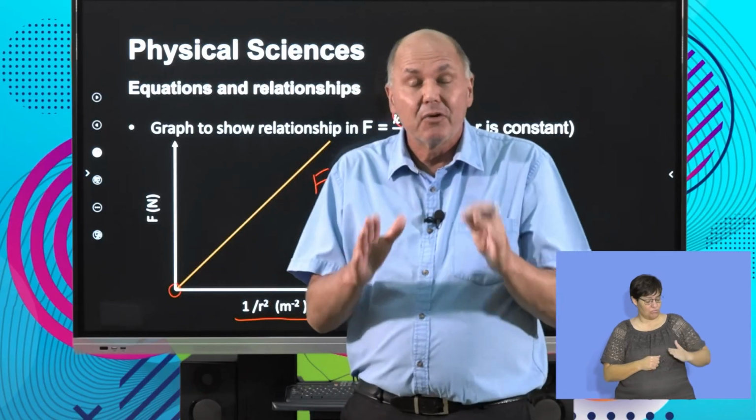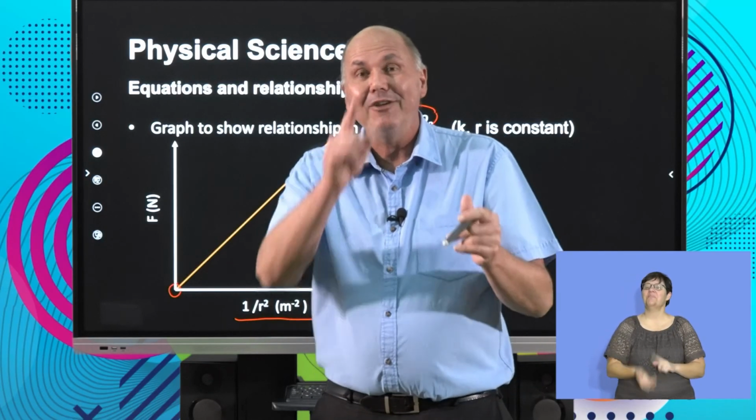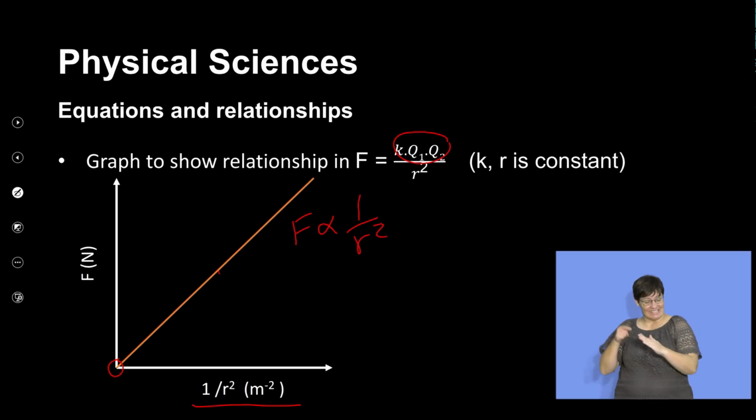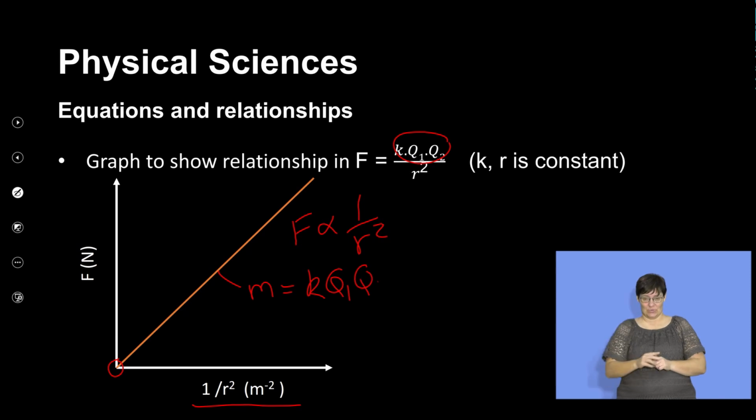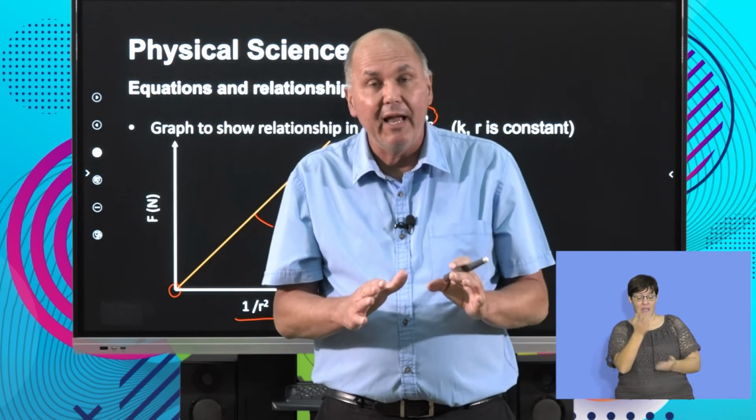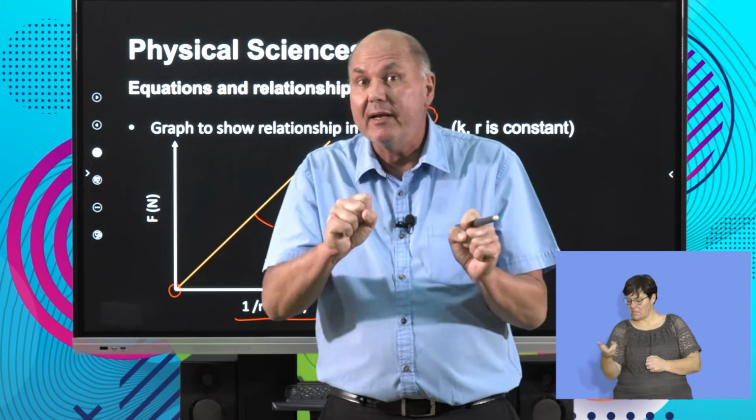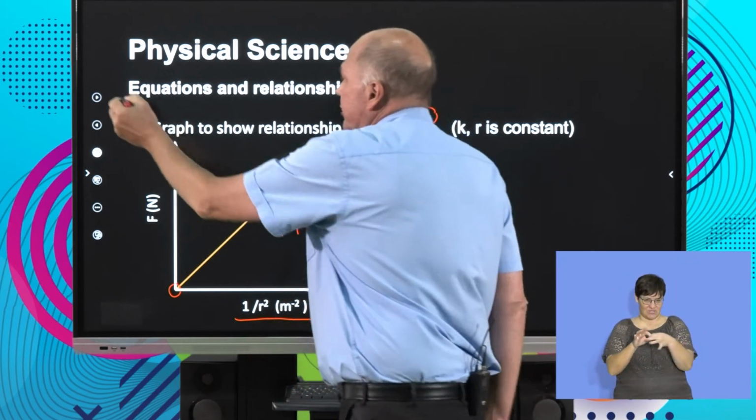So what's the gradient going to be? You've got it. This gradient, m, is going to be equal to the constant, which is K Q1 Q2. Excellent. I hope that you've understood that principle. So whenever you look at an equation, you can separate it out and start to define the relationships in words.